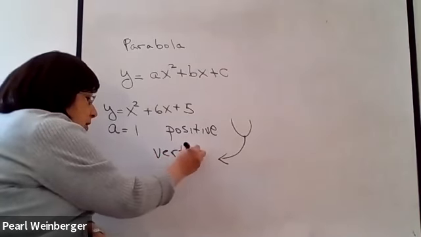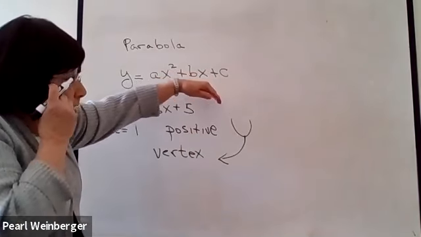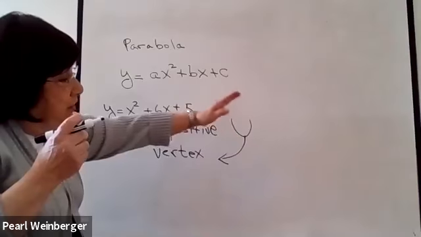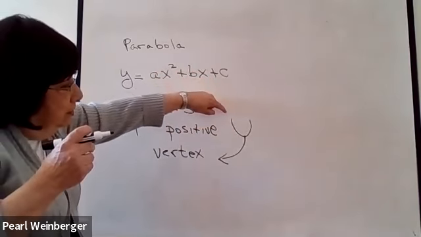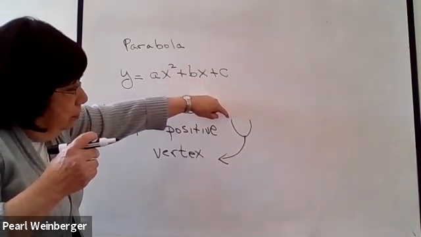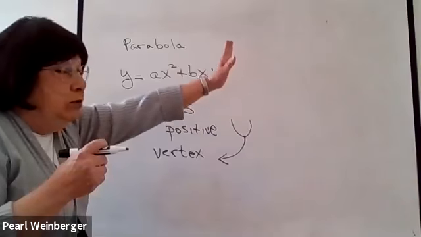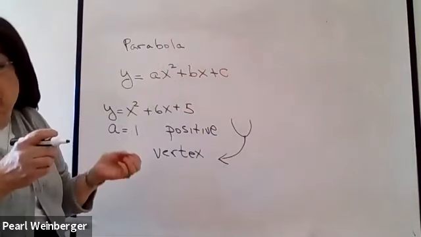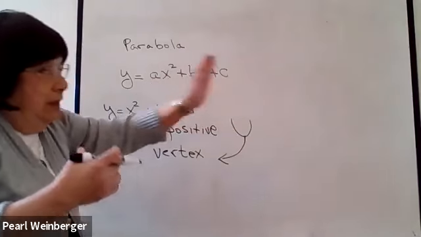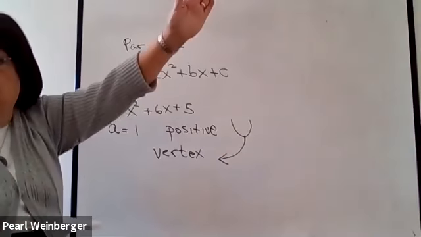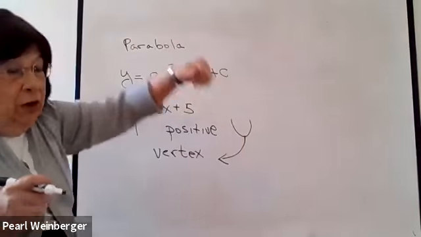Sometimes it's also called the turning point, because when you have a U shape opening up, if you're traveling along the parabola, you're going down, down, down, until you hit this point, and then you turn around and you're going up, up, up. So it's a turning point. It changes the direction of your travel. It's not like a straight line, where if you start going up, you're always going to be going up.